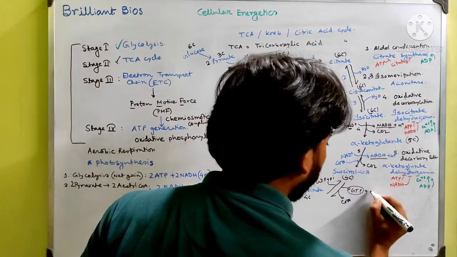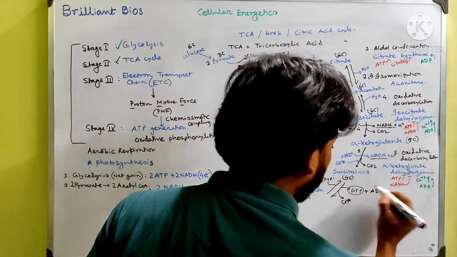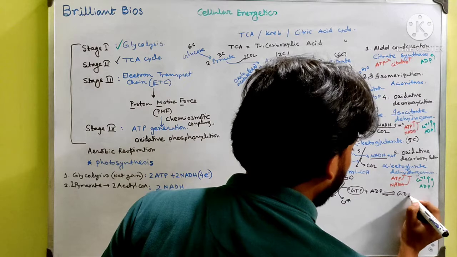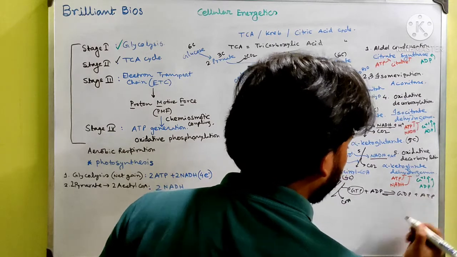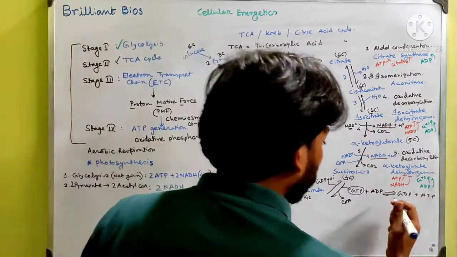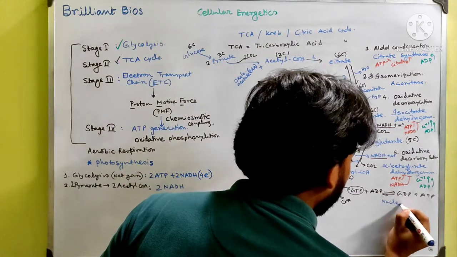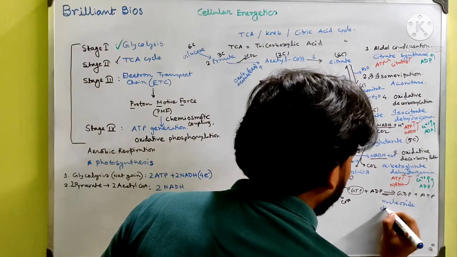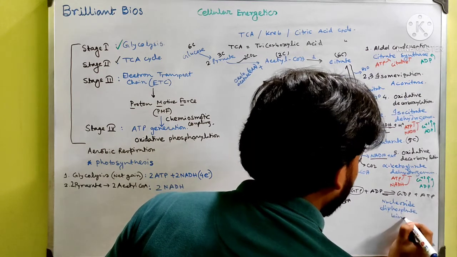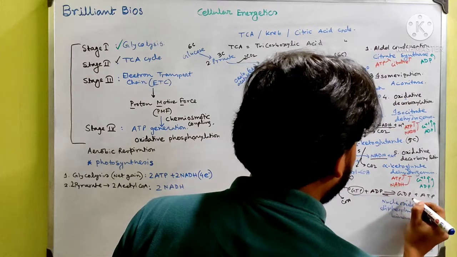How? GTP and ADP exchange the phosphate with each other, and this is also a reversible mechanism, making GDP and ATP. This enzyme is called nucleoside diphosphate kinase. This enzyme can perform these actions and make ATP.